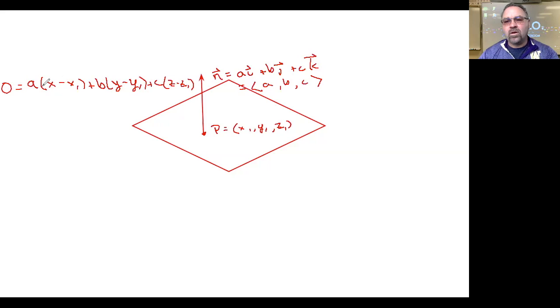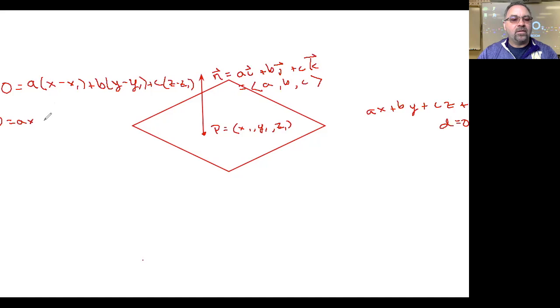If you've done some work in three dimensions before, you probably learned somewhere along the way they said, oh, the equation of a plane is always going to be ax plus by plus cz plus d equals 0. And guys, that's just distributing the coefficients into this and then combining all the constants.